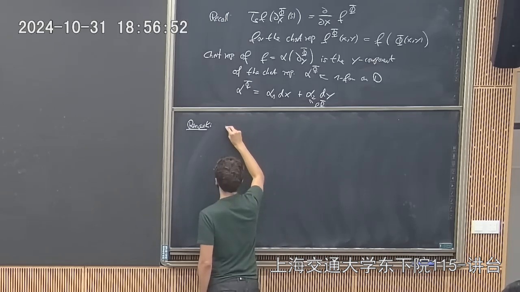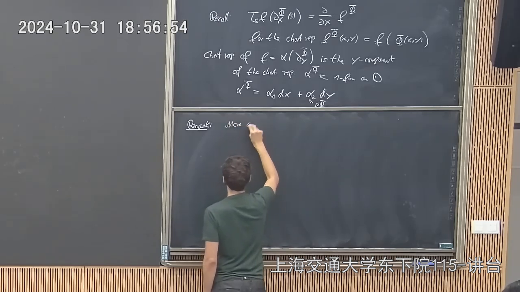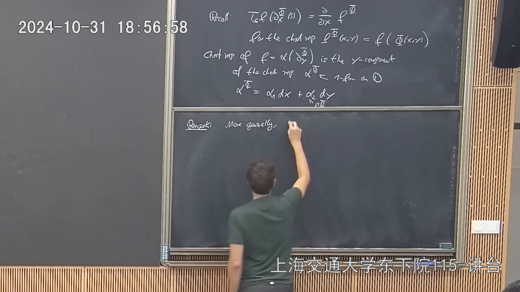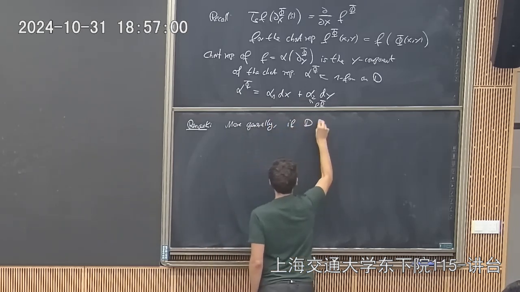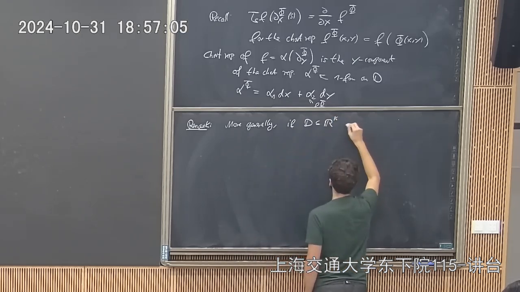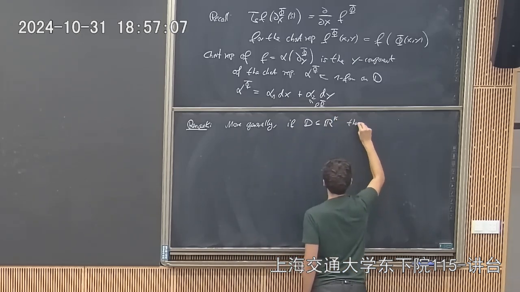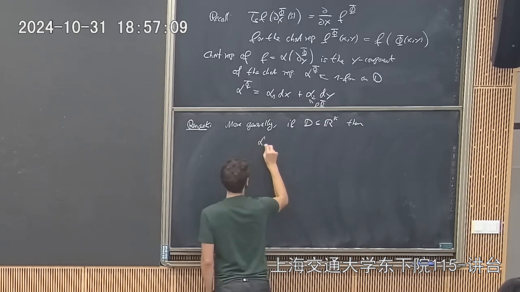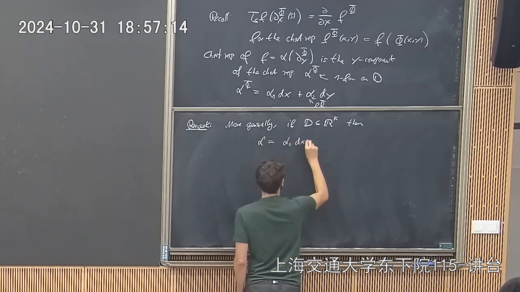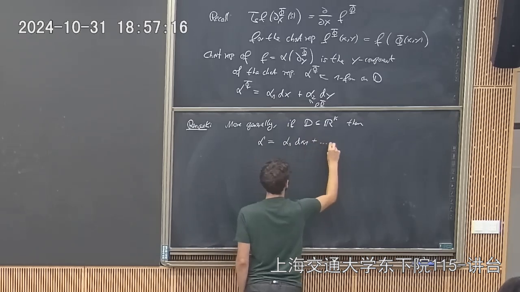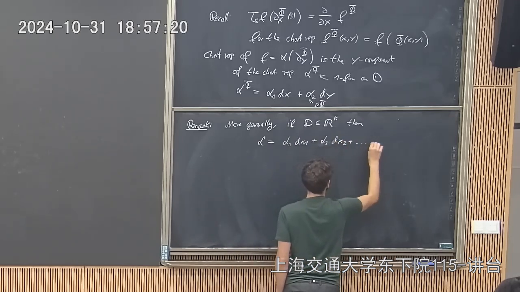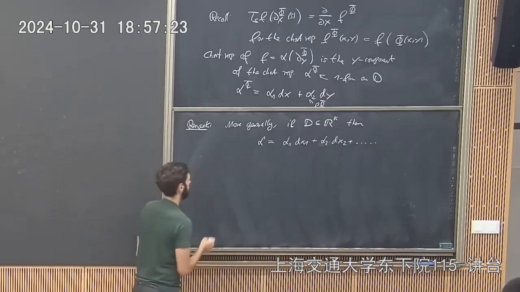But if D is an open subset of some, say, Rk, then we can write the one-form alpha as alpha 1 dx1 plus alpha 2 dx2 plus, and then we get additional terms here.